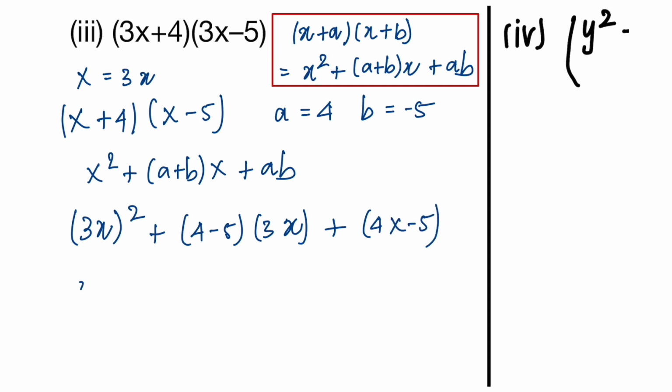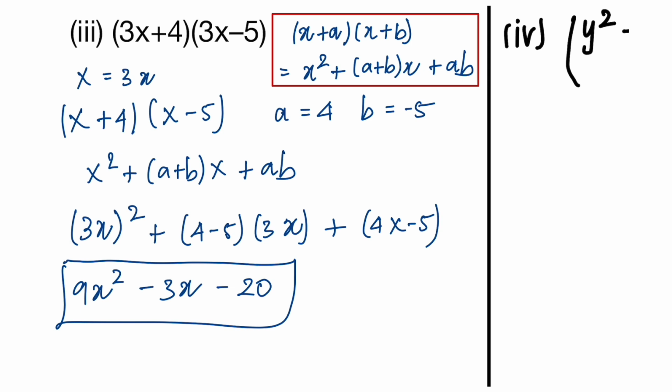So (3x) the whole squared is 9x squared, right? And 4 minus 5 is minus 1, so this becomes minus 3x, and 4 times minus 5 is negative 20. So 9x squared minus 3x minus 20 is the answer to this subdivision.